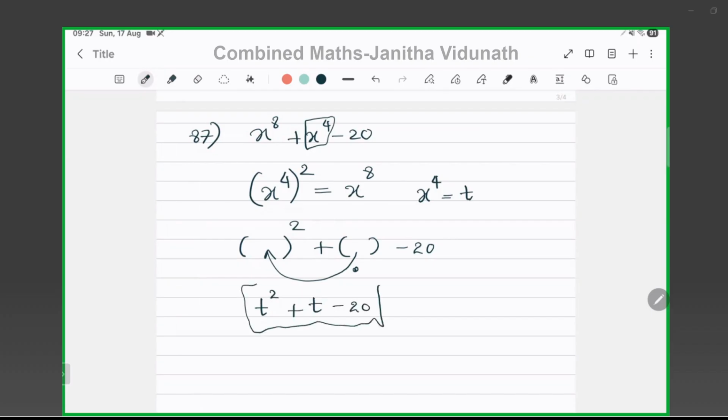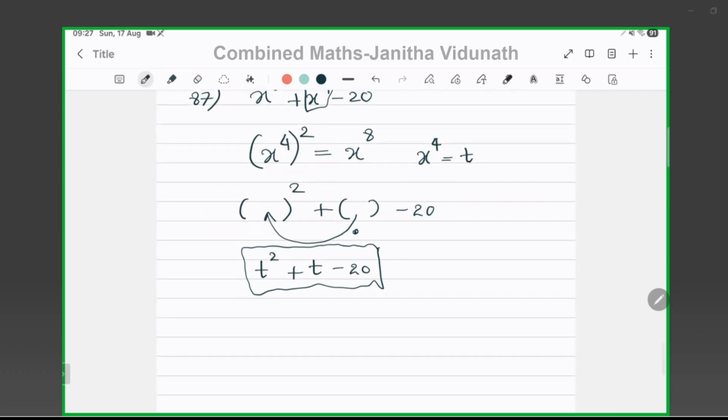This is a quadratic trinomial, as we are used to factorizing easily. Then we need to find minus 20 as a multiplication of two numbers and plus 1 as the sum of those two numbers. Here we can easily find that those two numbers are plus 5 and minus 4.